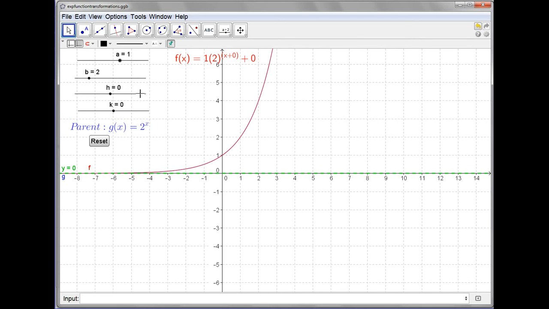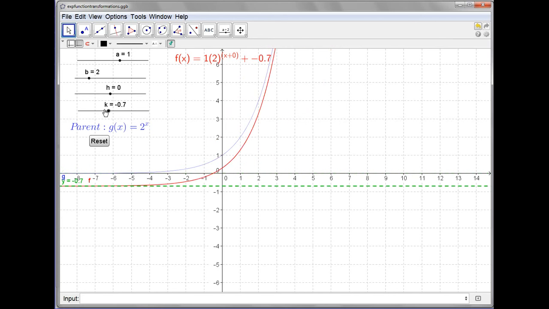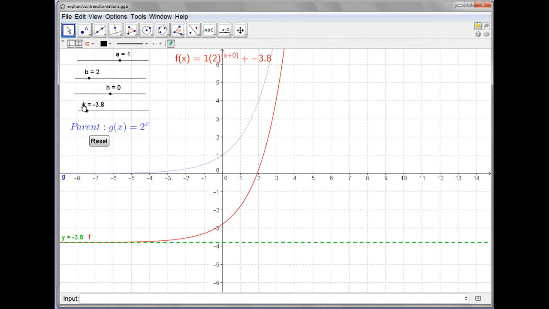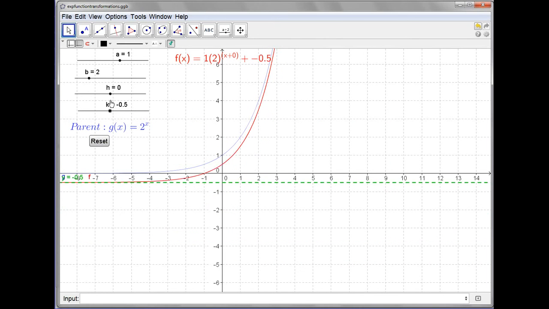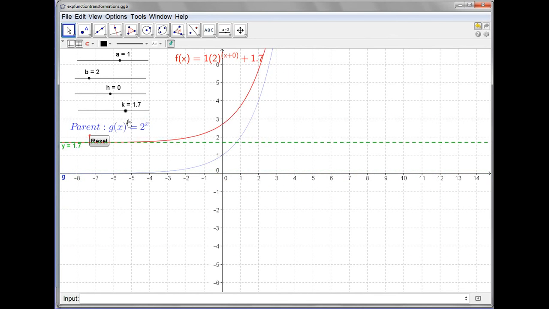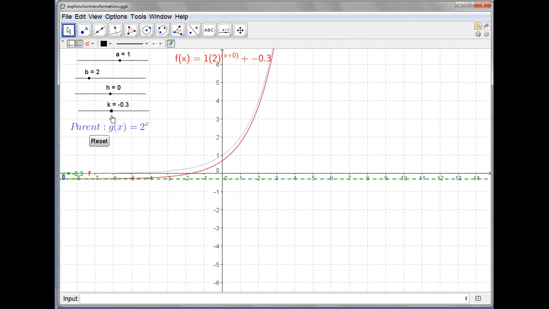But h is very similar to what we've done before. And k. And notice this also has that same asymptote functionality to it that we've been talking about with the rational functions. There is an asymptote here. We'll talk about it, but you can see it is related to k, that value there.